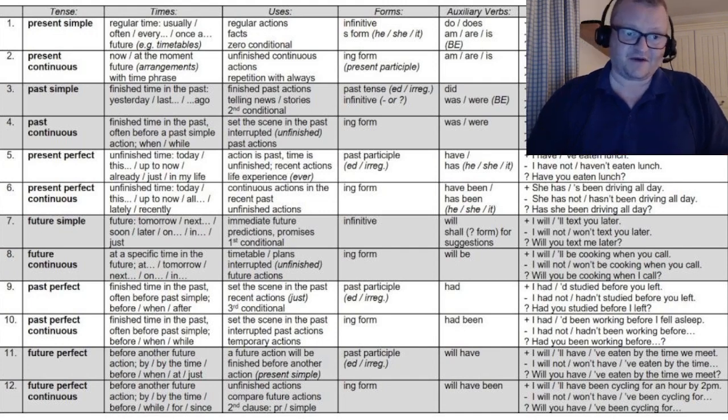Past simple and past continuous, present perfect and present perfect continuous, future simple and future continuous. Can you see the pattern there? Past perfect and past perfect continuous, future perfect and future perfect continuous. So it's a simple tense and then a continuous tense.